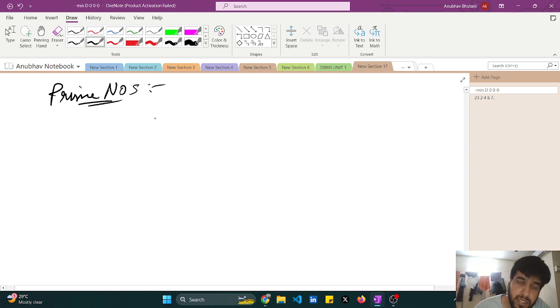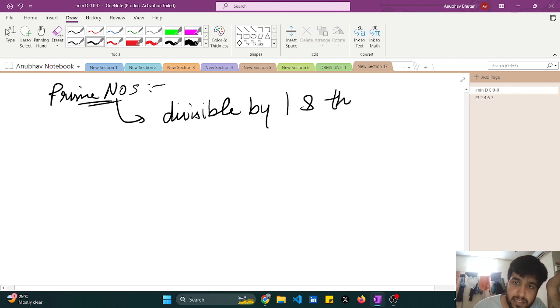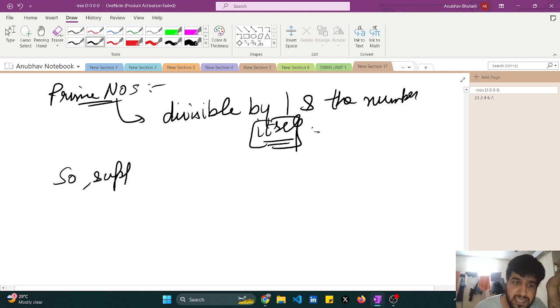So I have broken down the statement into factors: it is divisible by 1 and the number itself. This is how my prime number is defined.